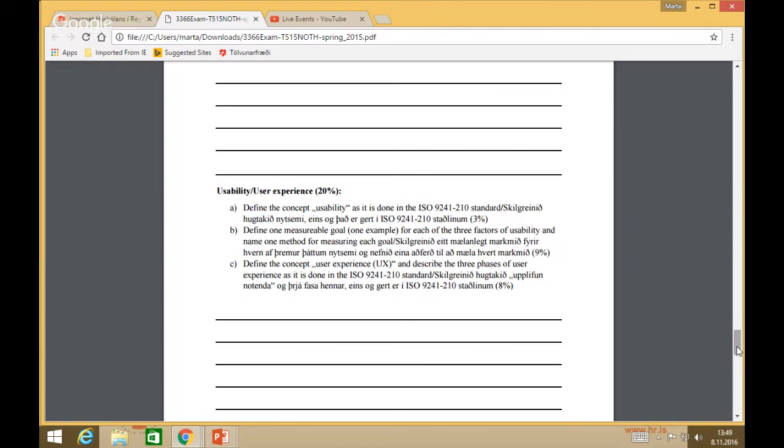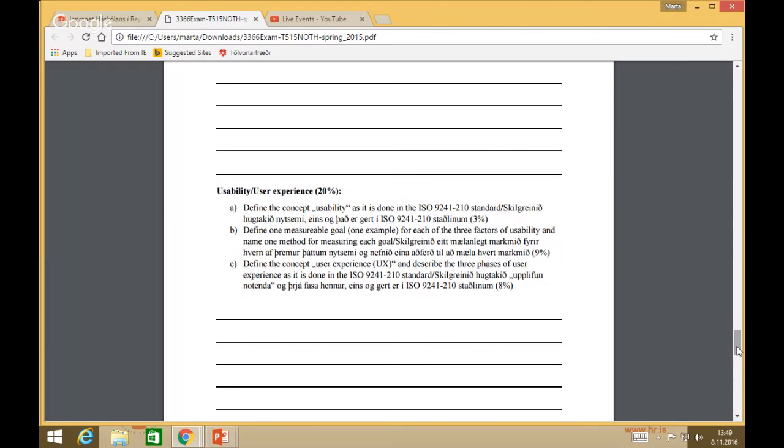It's the before, during, and after. So user experience is also, you think about it, okay, what are the perceptions, how do they think about the system that they are getting, expectations; during the use, how do they feel while using the system; and after use.